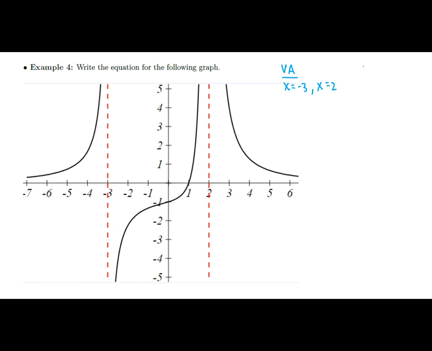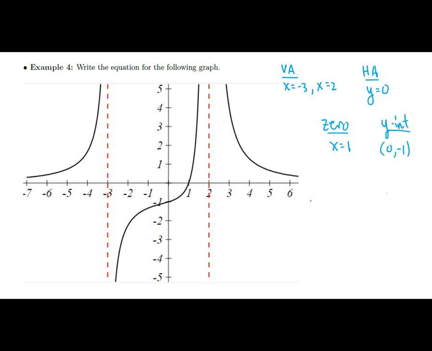We can see that our horizontal asymptote is y equals 0. And we can see that we have a 0 at x equals 1. And then we can also see that we have a y-intercept at negative 1. So 0, negative 1.